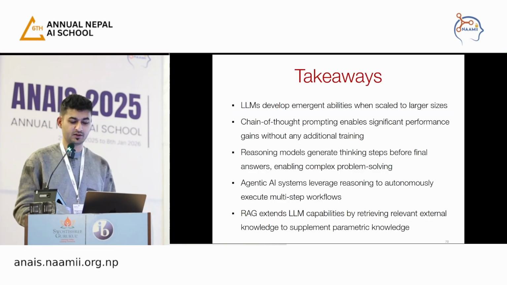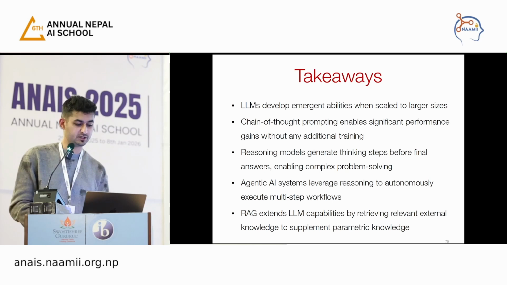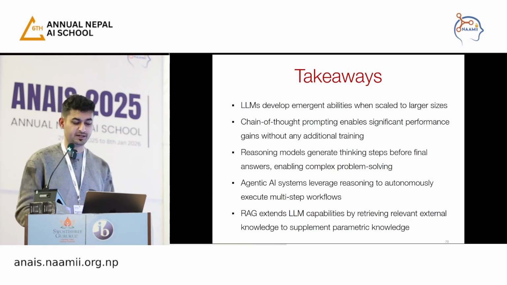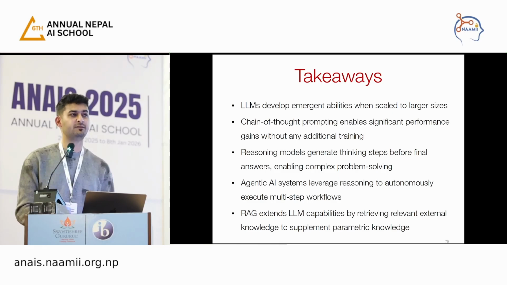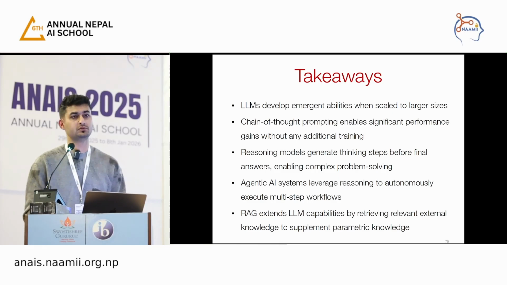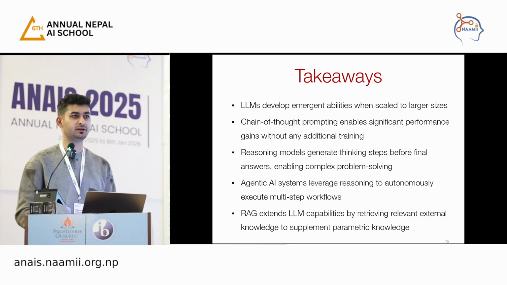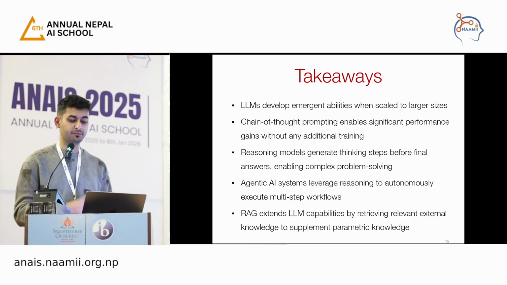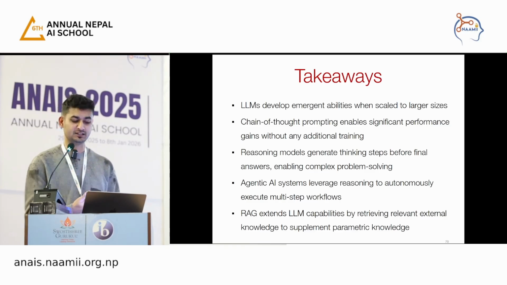With this, we are close to the end of this first session of the day. The takeaway is that LLMs develop emergent abilities when scaled to larger sizes. There are criticisms to it, but there are results. I showed both of them, and chain of thought prompting enables significant performance without doing any additional training.